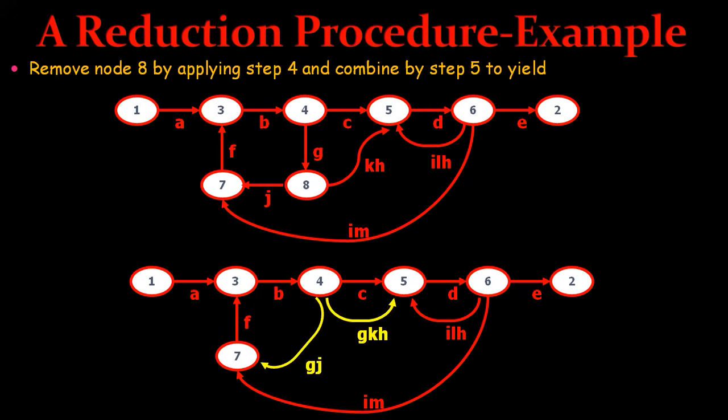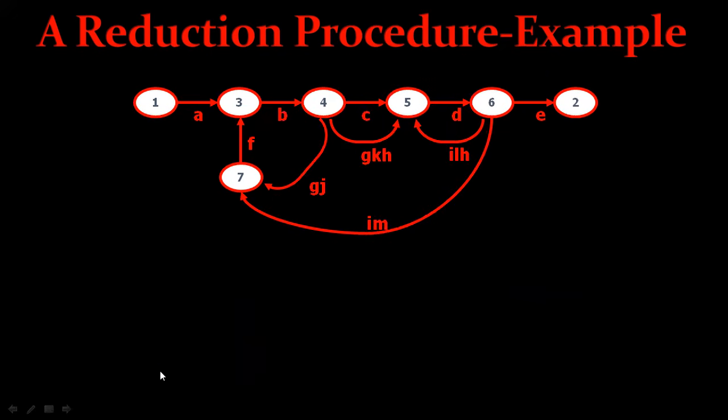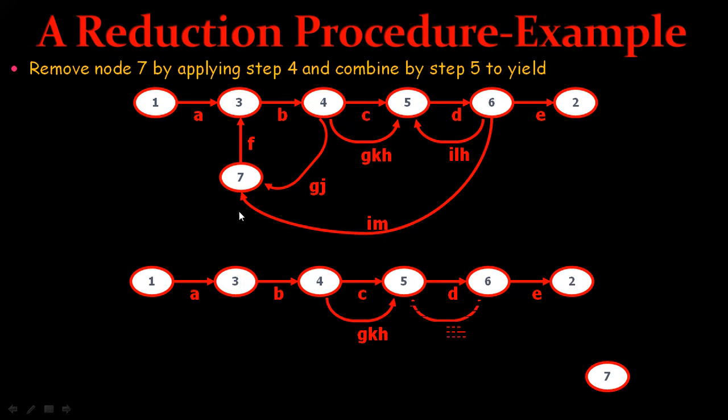Now, by taking this particular control flow graph, I will try to remove one more node, or we can apply the parallelism. So see here, suppose I remove node 7. I removed the node 7. So this is the graph. When I remove the node 7, then from 6 we are going to 7, from 7 we are going to 3.